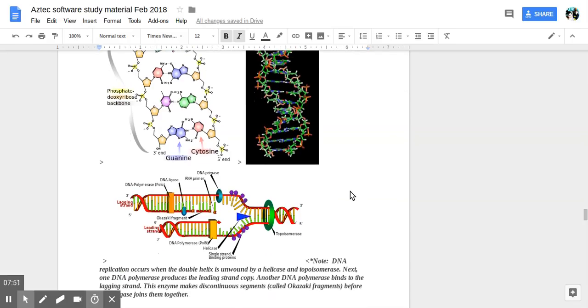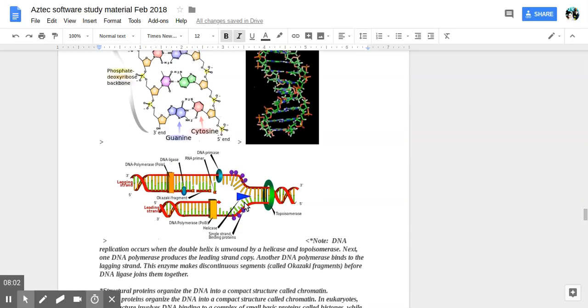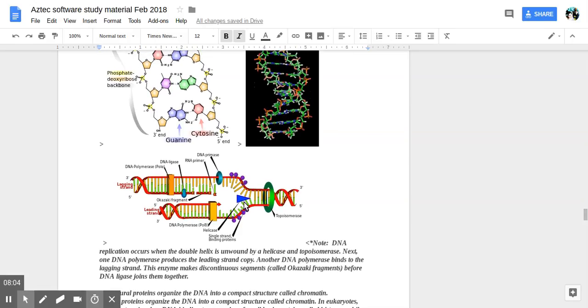Here you have showing, I believe, transcription. So DNA replication occurs when the double helix is unwound by a helicase and topoisomerase. The DNA polymerase molecule produces a leading strand copy off the chain of the DNA that you're copying.